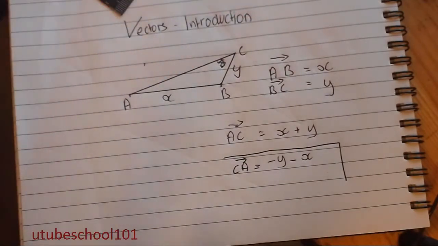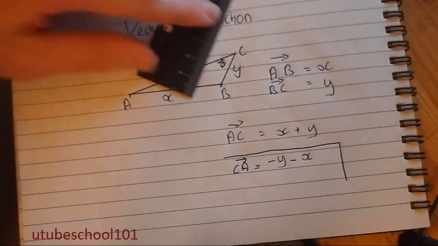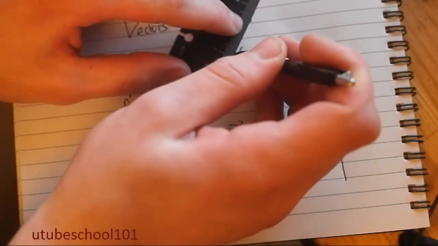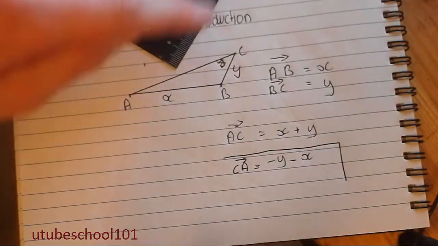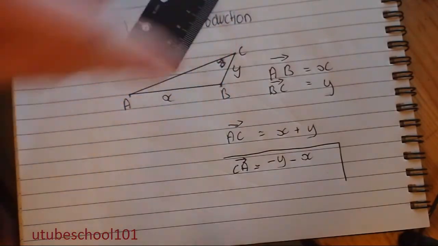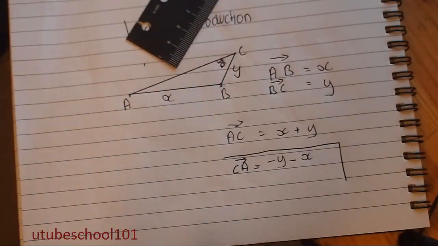And when you flip Y, when you give Y a minus value, it will be going in the opposite direction, the opposite angle. So this goes straight, so the opposite angle and the opposite distance. And then you can add the vectors up to create a path which you desire.